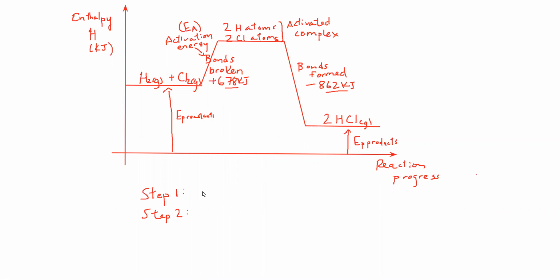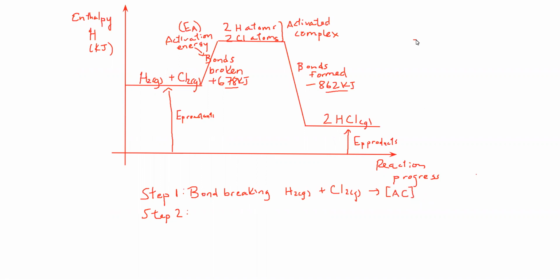So in step one, I want to break it down into two parts. We know this part as the bonds breaking. So this bond breaking scenario, we have hydrogen plus chlorine gas, and it leads us to the activated complex. Now I'm going to label this activated complex as AC in brackets.